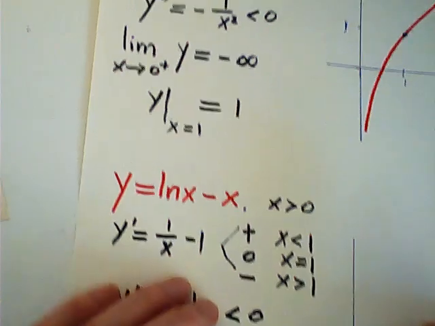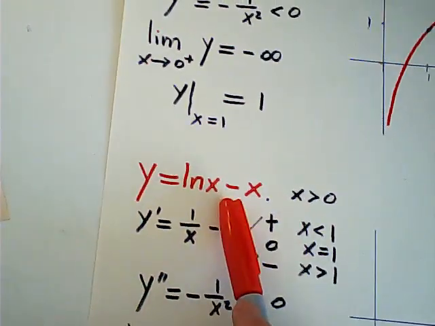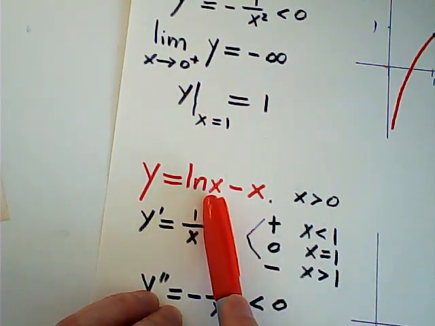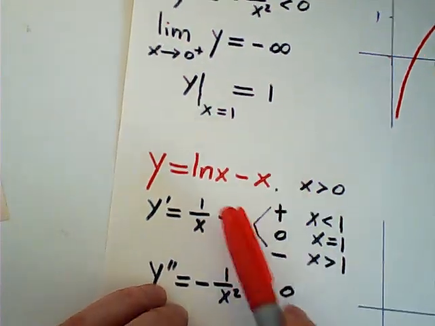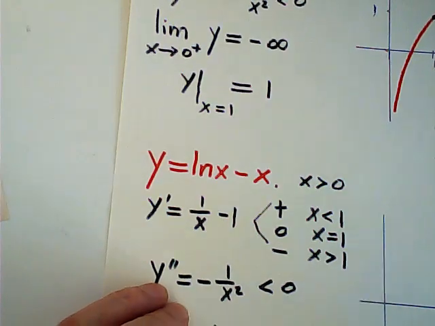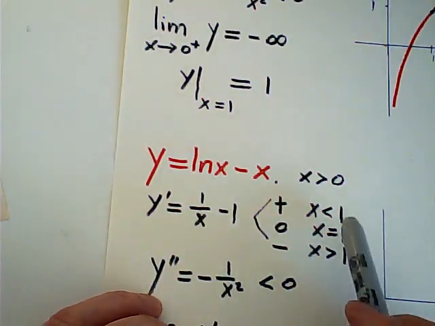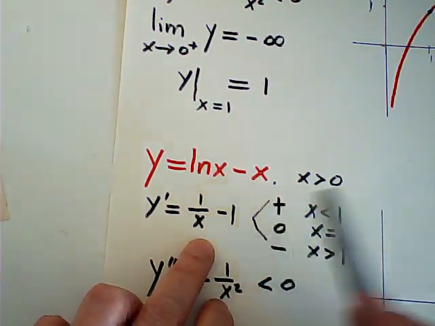Now, next example, this example. We know that the domain is positive values for x because of log x. X cannot be negative, cannot be 0. And then we take a derivative. From this derivative, we know that when x is less than 1, it's positive.